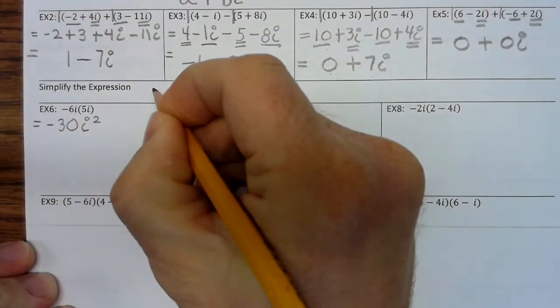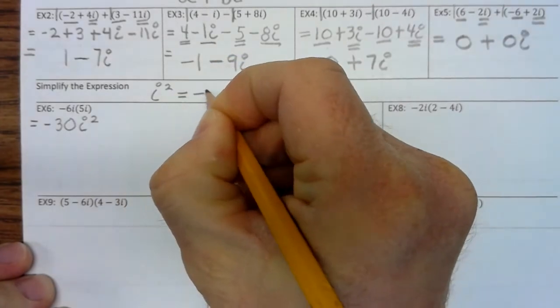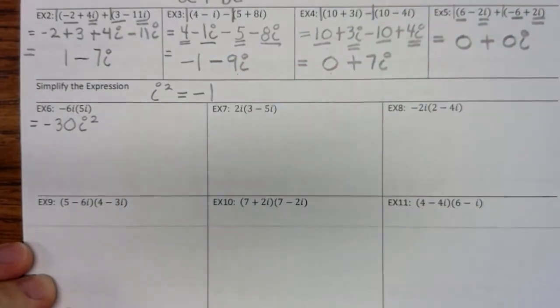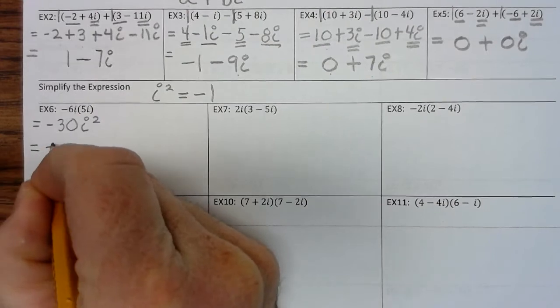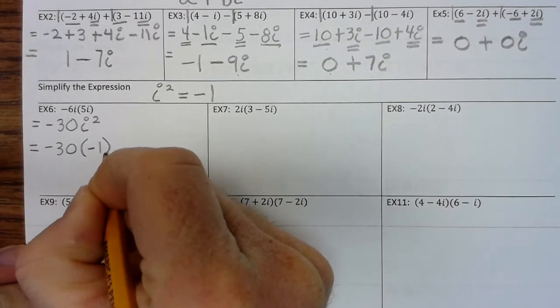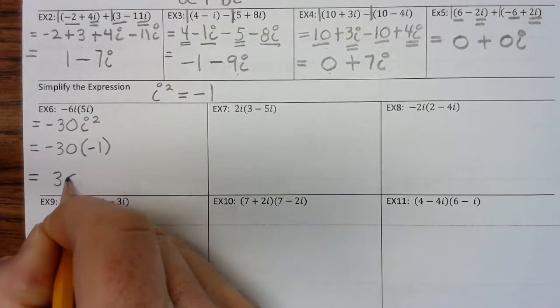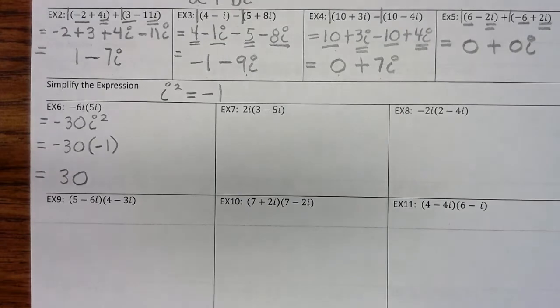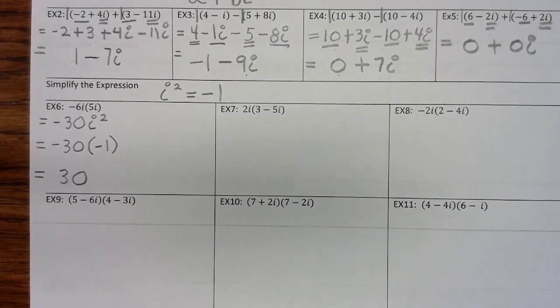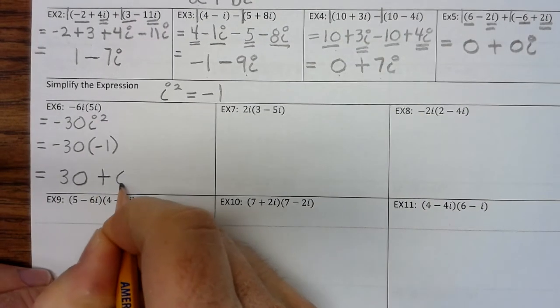But remember, I squared is equivalent to -1 from our notes. So that is -30 times -1, which equals 30. Now, I would accept 30 on example 6, but I'd also accept 30 plus 0i.